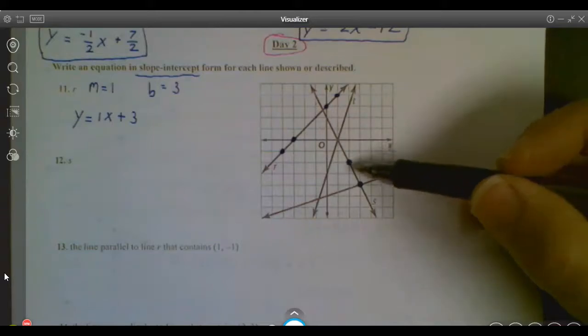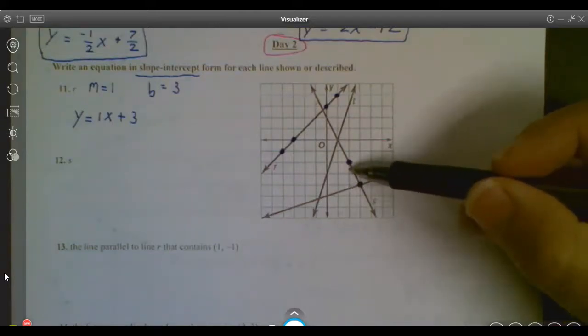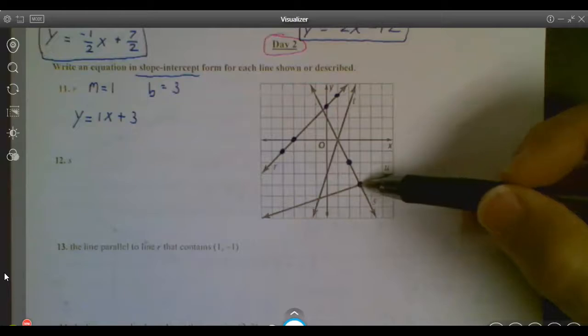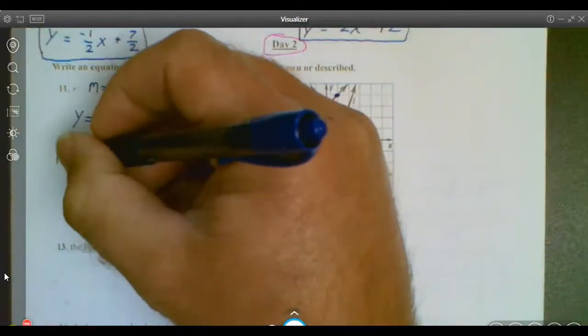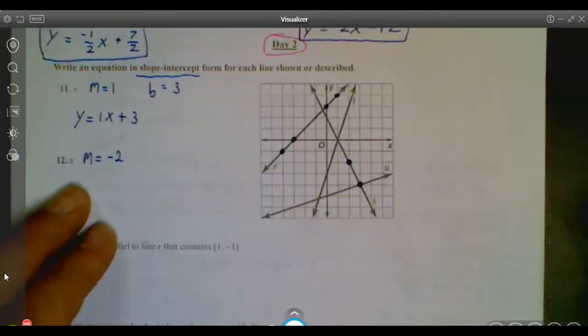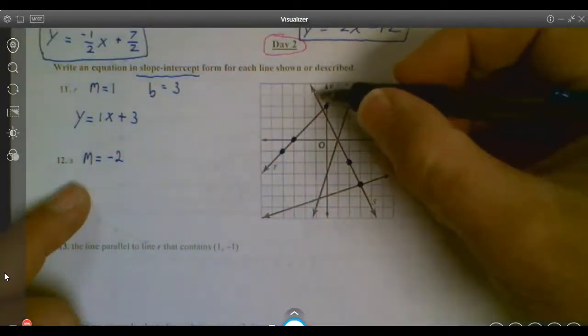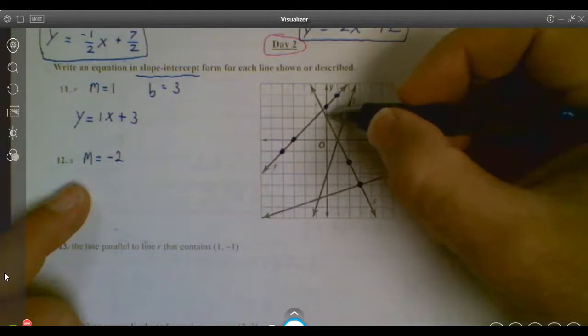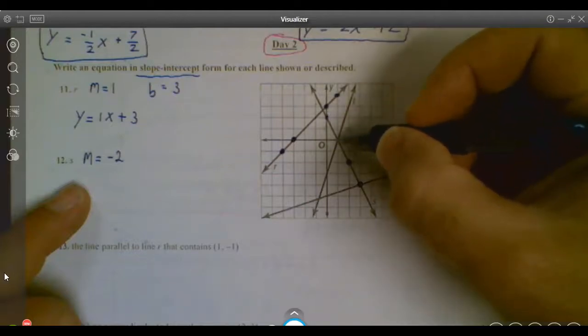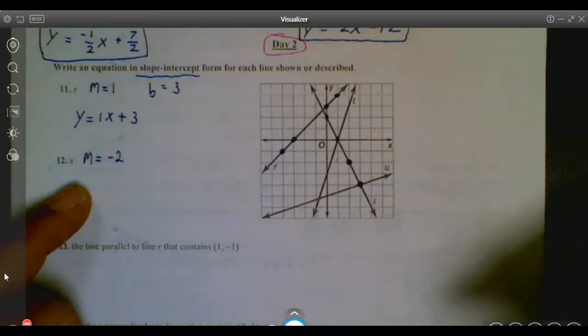And it looks like my slope here is down 2 over 1. So I'm going negative 2, right 1. So my slope for this guy is negative 2 over 1, or you could just say negative 2. Check to make sure that's consistent. Pick another point. Down 2 over 1 looks good. Down 2 over 1. So it looks like we're pretty safe with that slope.